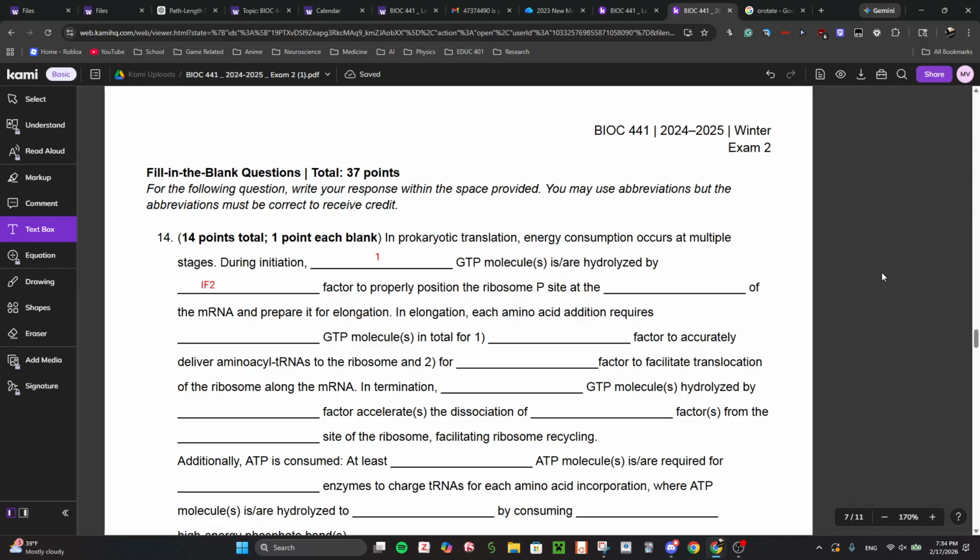Please put the number. It's the GTPase. That's literally its job. The initiation factor GTPase is IF2. Yes. I can't remember what I put, but if you go to my translation one video and skip ahead, I literally labeled them for you.